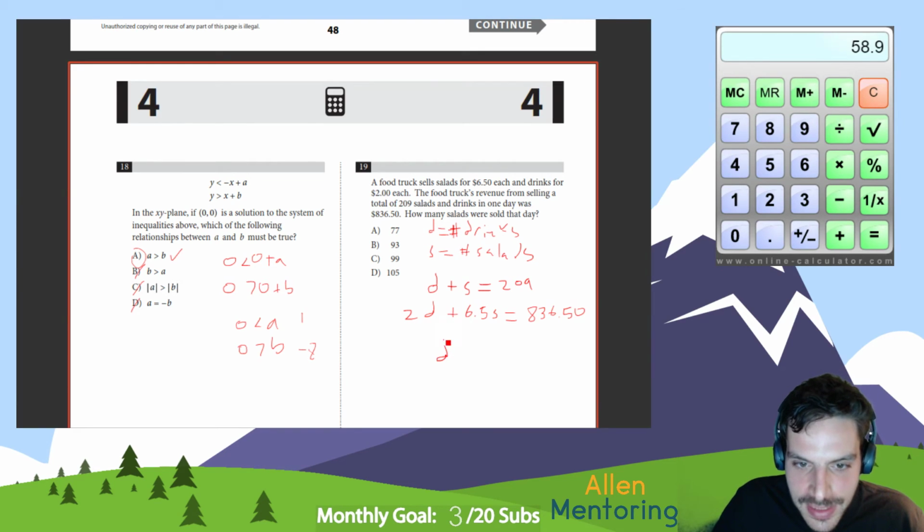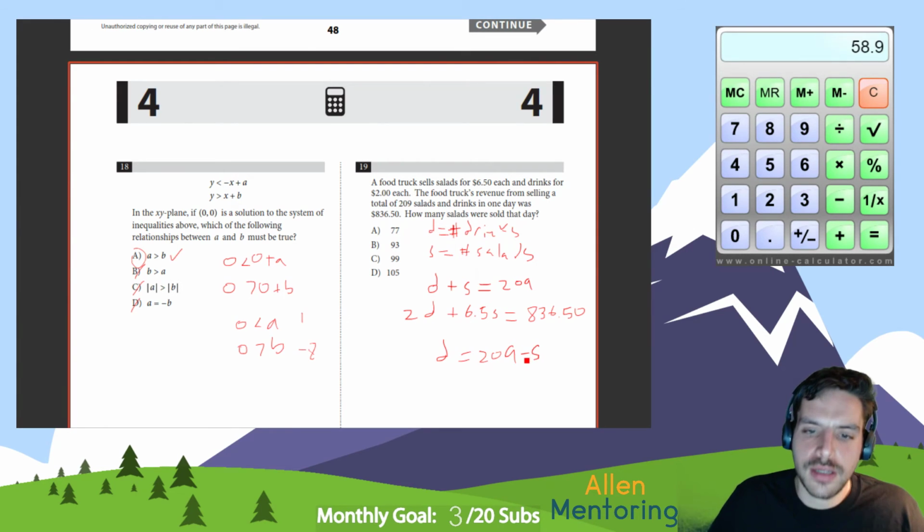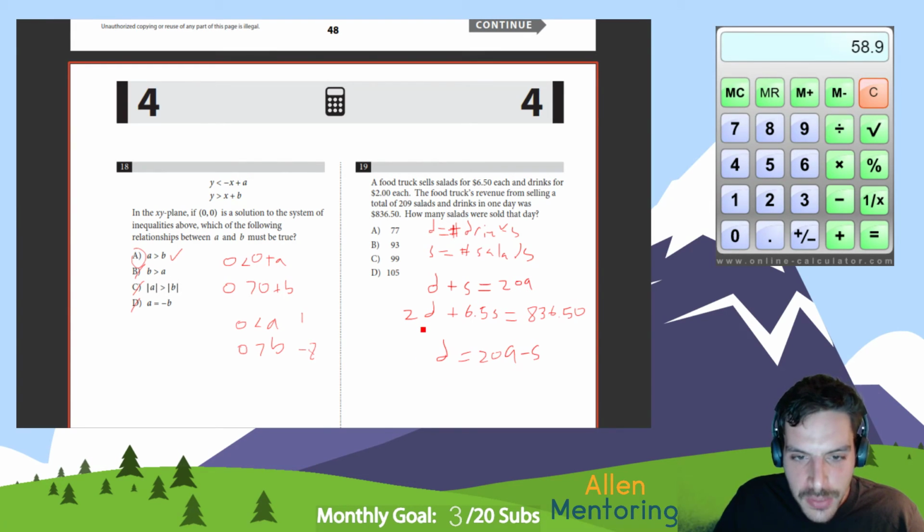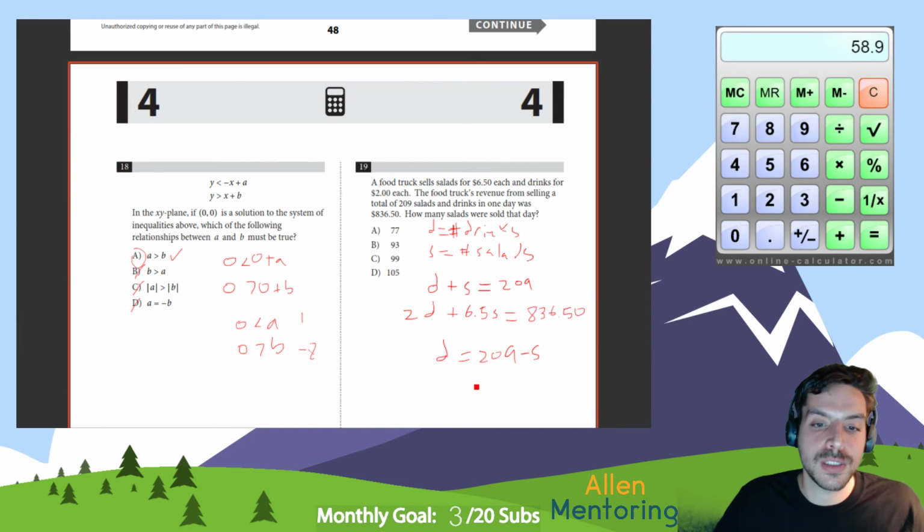So we're going to say that d is equal to 209 minus s. Now how did I do that? Well, I just subtracted s on both sides in this first equation. So now if you see the second equation, I can replace d with 209 minus s. Anywhere where you see a d in this equation, you can replace with 209 minus s.